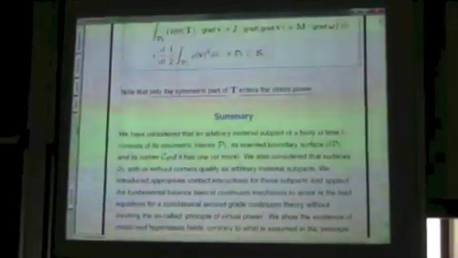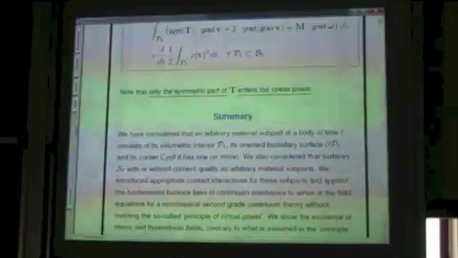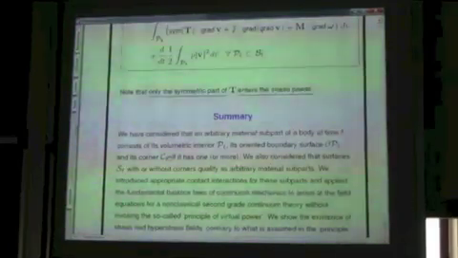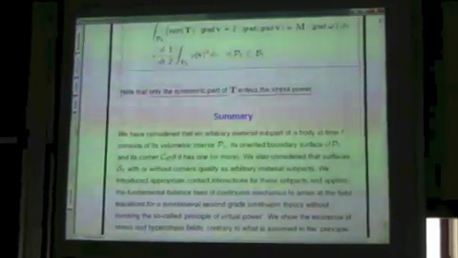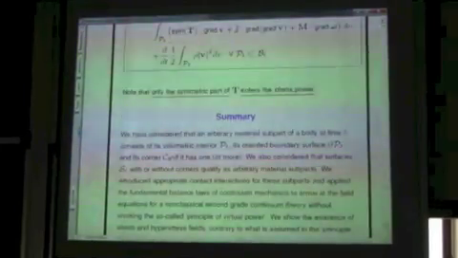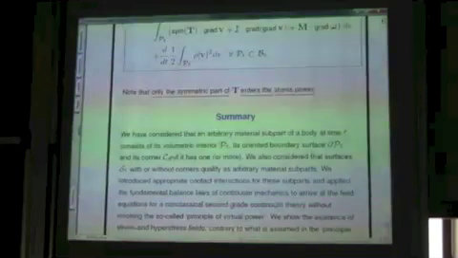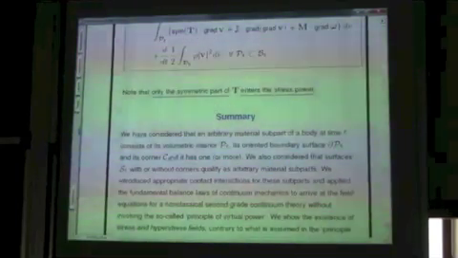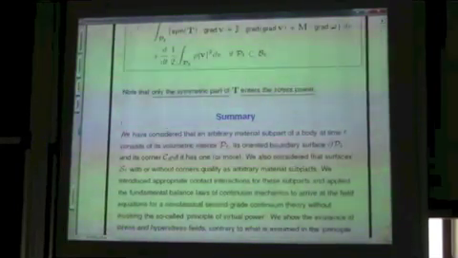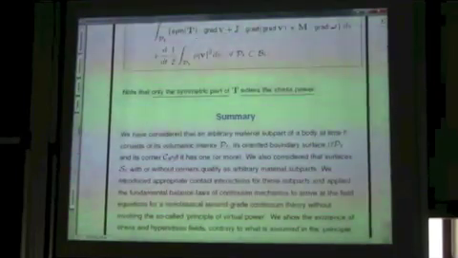So what I've done then is simply introduced appropriate contact interactions for the subparts of a body. The subparts are the open interior volume, the surface union, the corners. So I've introduced these appropriate contact interactions.